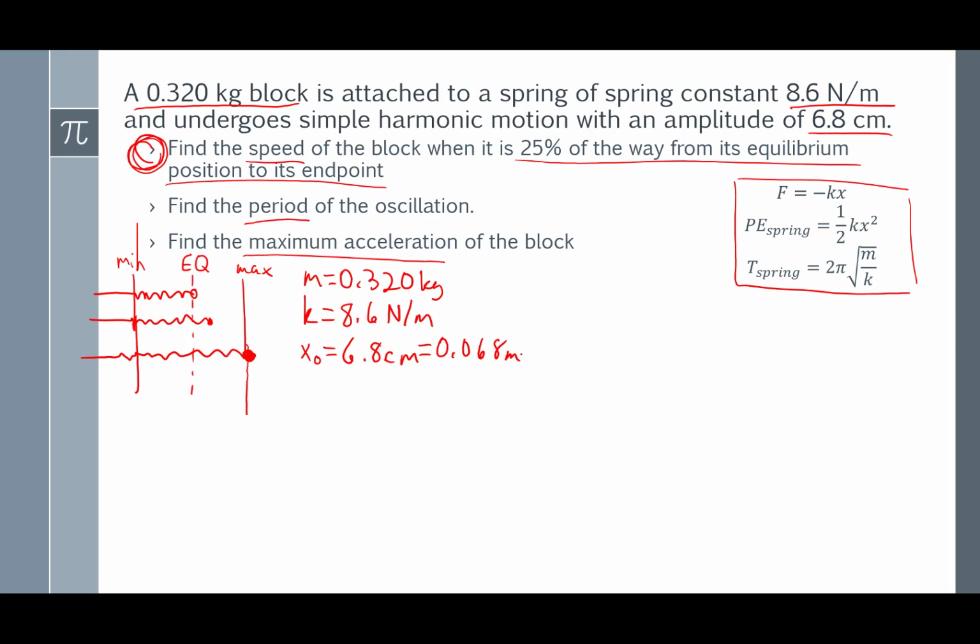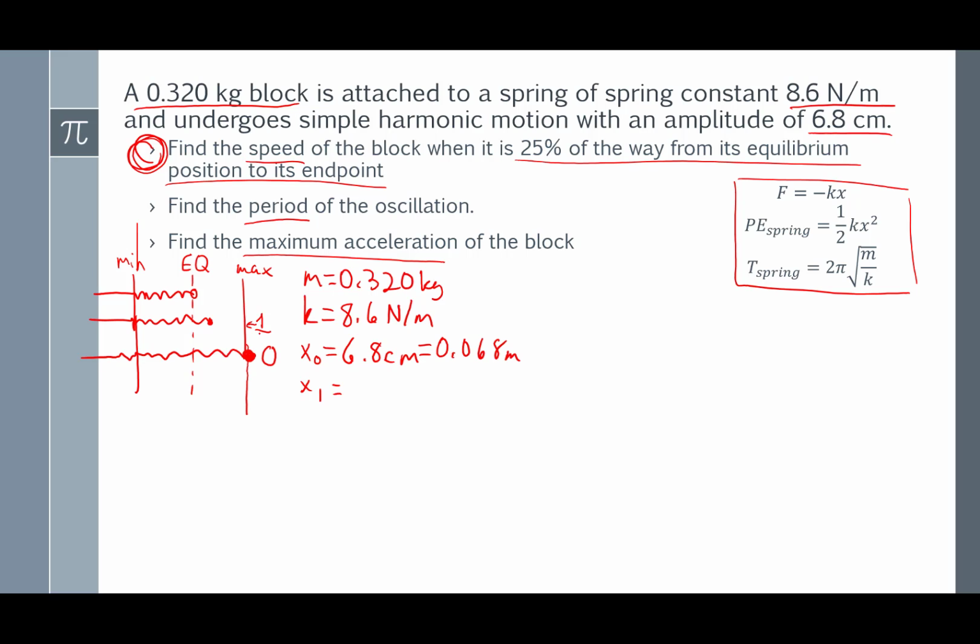0.068 meters. And we also want to find the speed of the block when it is 25% of the way from its equilibrium position to the endpoint. So I'm going to call that x1. x1 is 25% of the way from equilibrium to the endpoint. So if this is position 0 when it's at its equilibrium, then this would be position 1, right here.